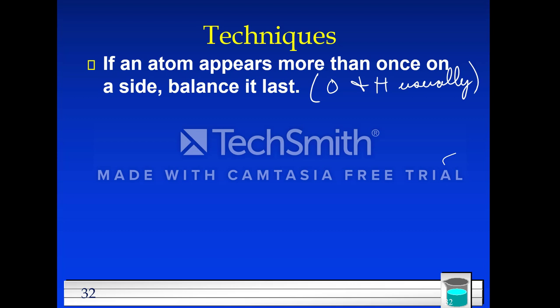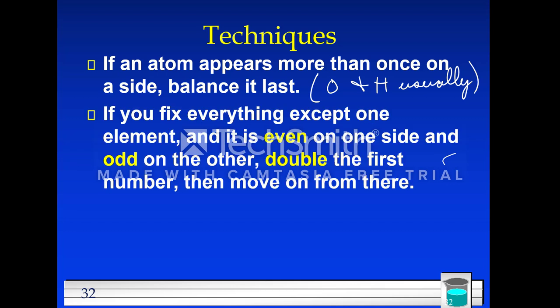Okay? And you're going to run into a situation where you're down and you got your table, and it's even on one side and odd on the other. And if one side comes in 2s, the other one comes in 5s. 2 and 5 are never going to run into each other unless you go bigger, right?